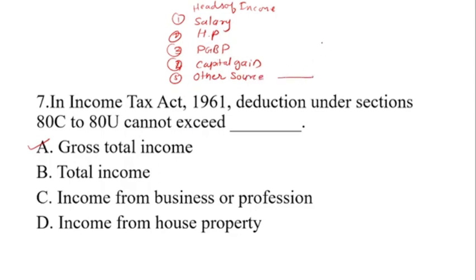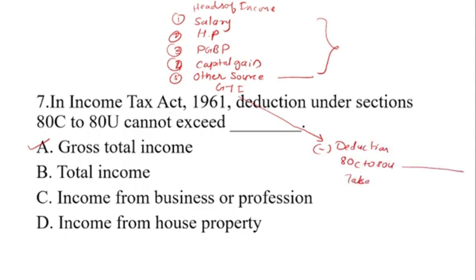We add all the heads and get the total, that is the gross total income. From this gross total income we deduct the deductions which come under sections 80C to 80U. Then you will get the taxable income. So in the Income Tax Act 1961, deduction under section 80C to 80U cannot exceed the GTI.